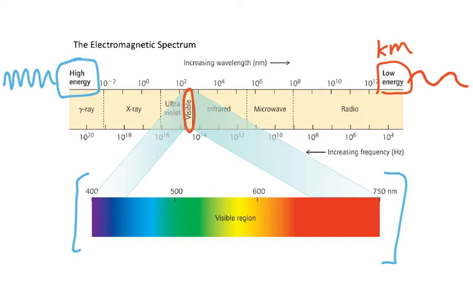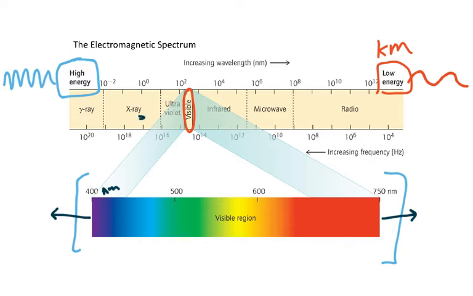Around 400 nanometers in wavelength is purple, up to about 750 nanometers is red. And so you can see beyond red is called infrared, and beyond violet is called ultraviolet. So ultraviolet light has higher energy than visible.